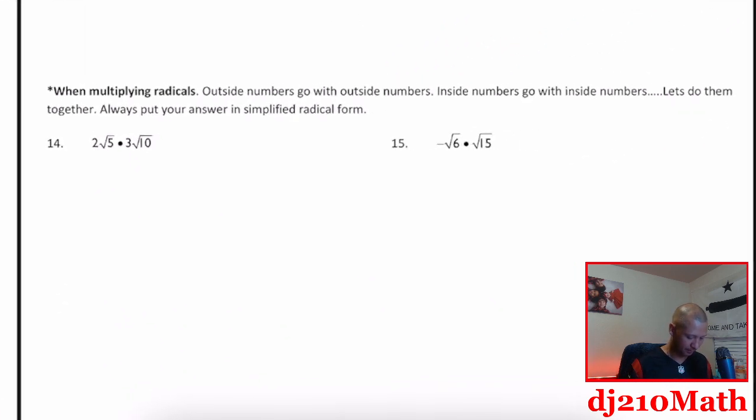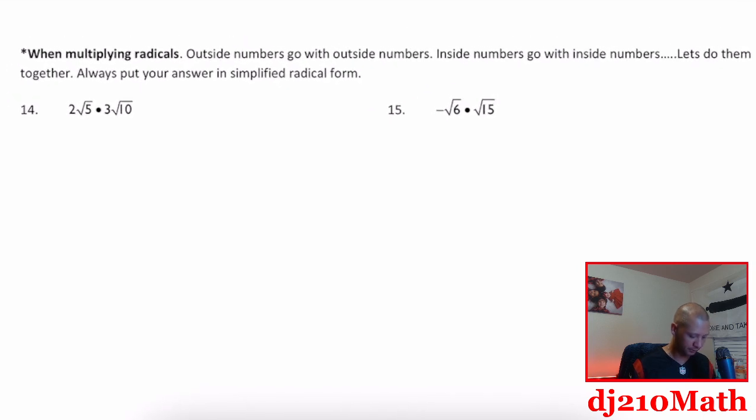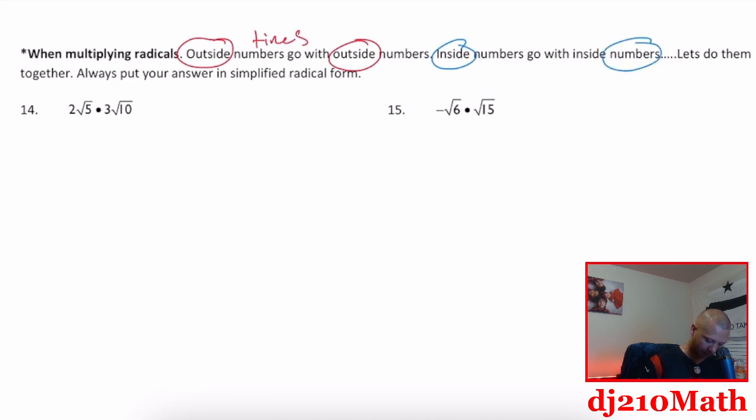Lastly, multiplying. When multiplying the radicals, the outside with the outside, inside with the inside, and everything's being multiplied. Outside number times the outside number, and then inside number times the inside number.